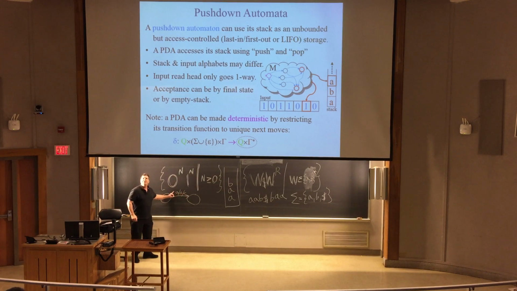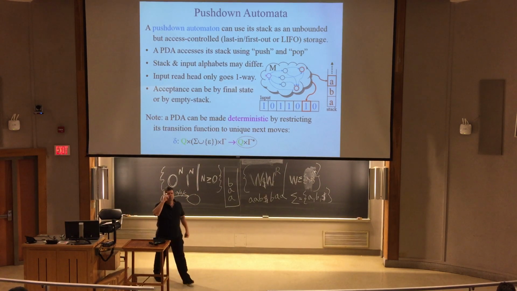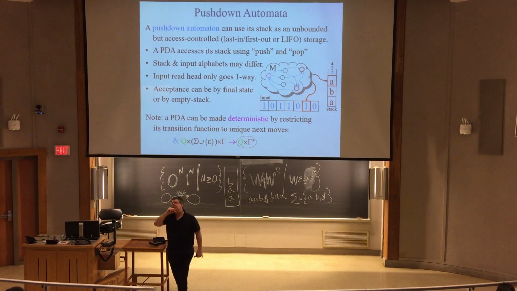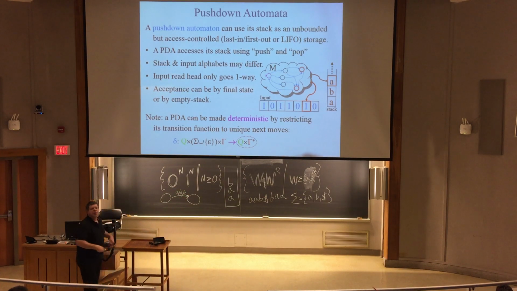So there'll be three things on the arc of the transition: the character you see in the input, the character you see at the top of the stack, and what you replace it with if you take that transition. So that precisely answers that question. You can still represent all these three things on each arc.